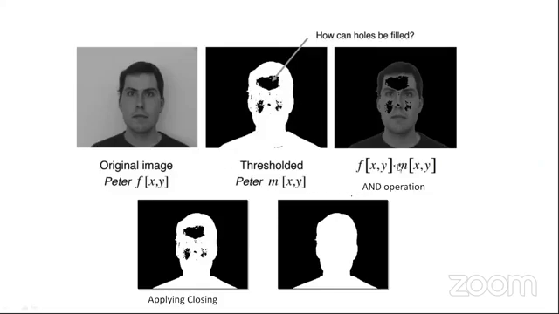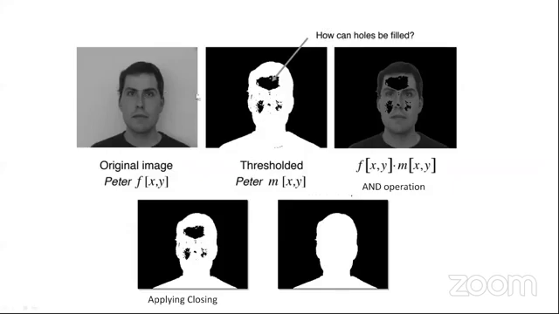So this is how we segment the image. Basically, we have this image. We got this mask after applying the threshold. Then we perform an AND operation. I said that it is the bitwise operation that helps us in masking.